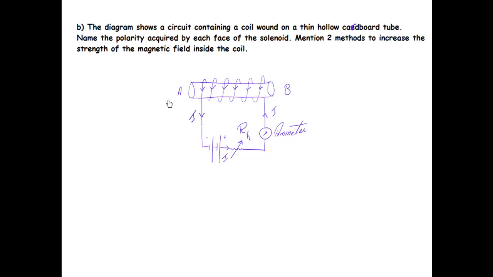Now, in order to find out the polarity of the solenoid, what we need is something known as the right hand grip rule, which states that you imagine to hold the solenoid in your right hand with fingers pointing the direction of current.